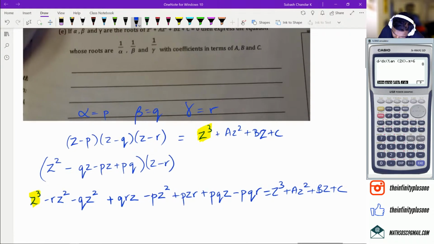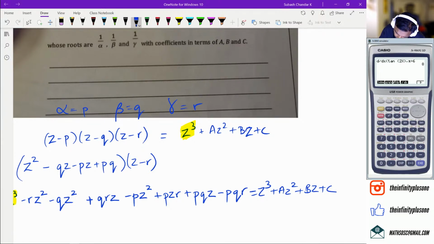The next thing is the coefficient, which is c by itself. So this part right here is going to equal c, because you're looking at matching the coefficients.